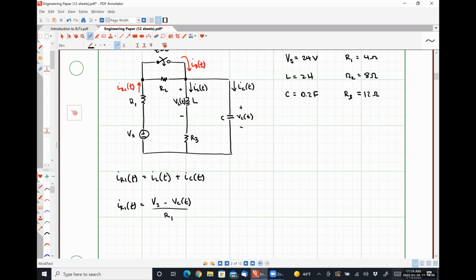My ultimate goal here is to get a second order differential equation as a function of either the inductor current or the capacitor voltage. Okay, so everything in terms of either IL or Vc.